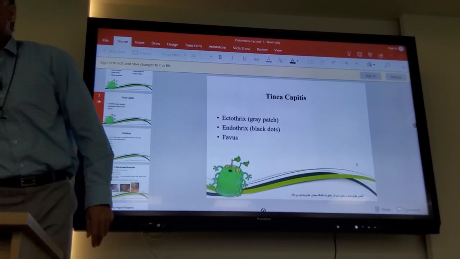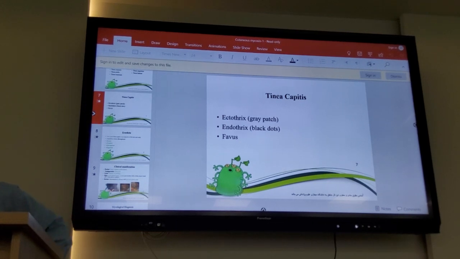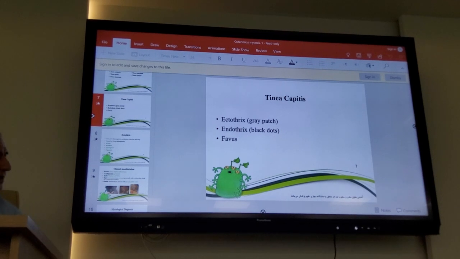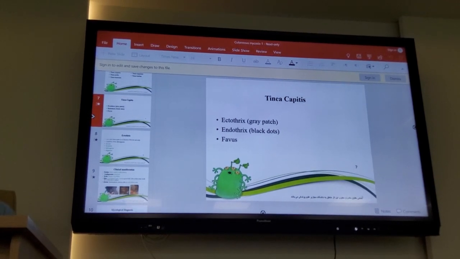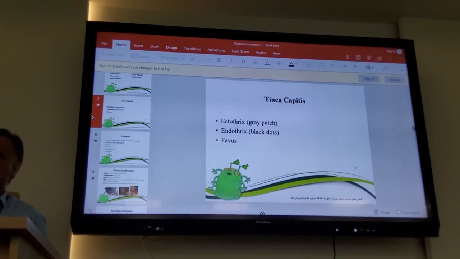Okay, come back to the definition. One difference was the structure of the fungi around or inside the hair. Another question: is there a difference in clinical sign between these three shapes?